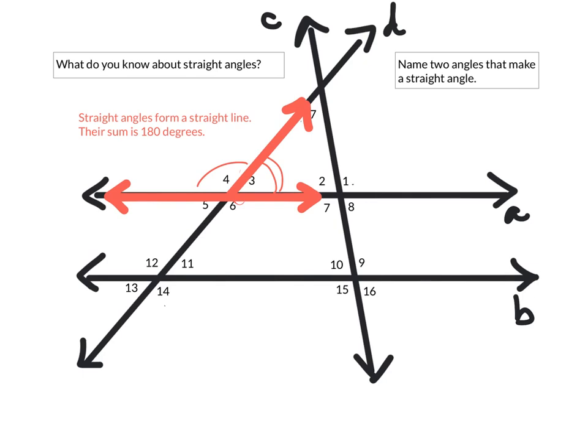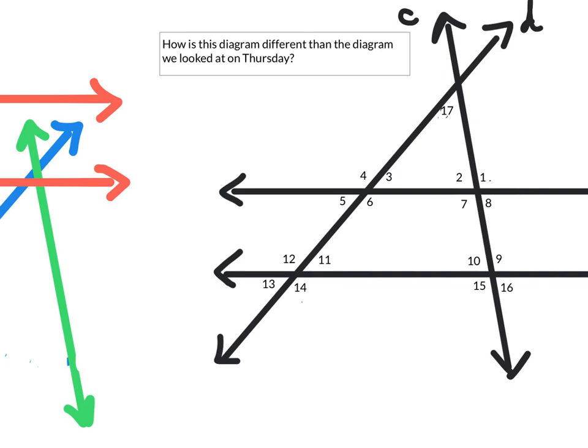All right, hopefully you were able to name some of these pairs. They're the ones that are right next to each other in this diagram. Now let's look a little more closely at this diagram. We found some vertical angles, we found some straight angles. How is this diagram different than the diagram we looked at on Thursday?